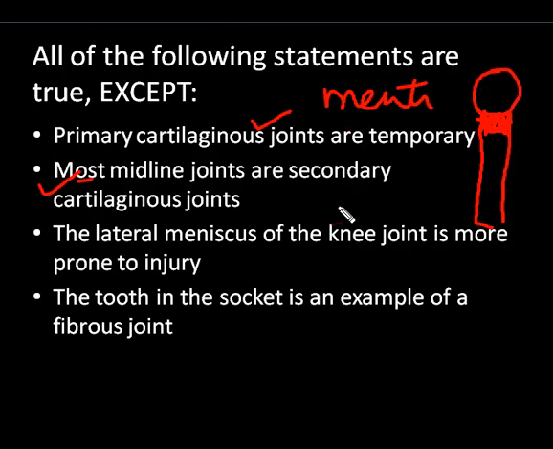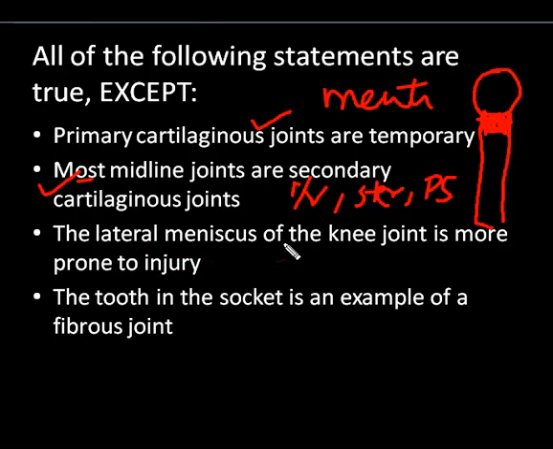It actually is a primary cartilaginous joint because the mandible really begins to ossify as two pieces and the two pieces fuse in the middle, and therefore you end up with one mandible. Whereas all of the other midline joints, for example, the intervertebral joint between the bodies of the vertebrae, the joints of the sternum and the joint in the hip bone, the pubic symphysis, these are all secondary cartilaginous joints. So therefore, most midline joints, and all of these, as you can see, lie in the midline. So this is a true statement.